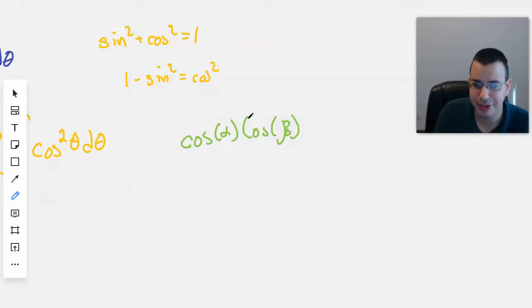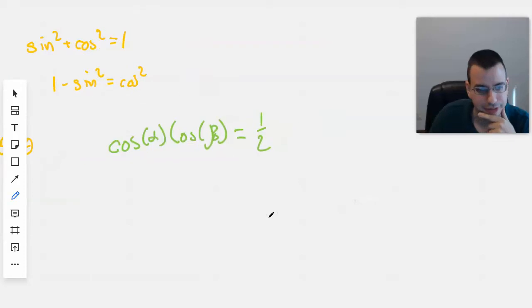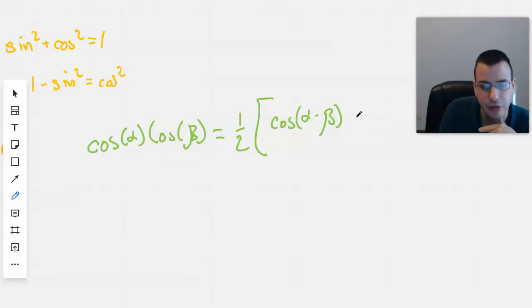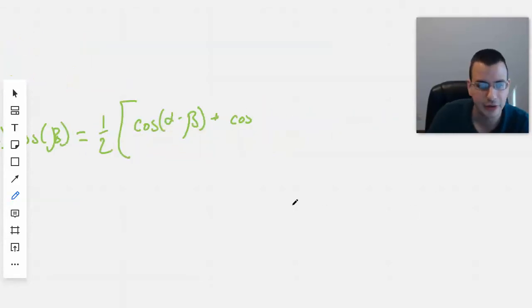That was going to be a parenthesis, but then I changed it to a C. Saw how I did that? Bush league amateur. All right, cosine alpha times cosine beta equals 1/2 cosine of alpha minus beta plus cosine of alpha plus beta.